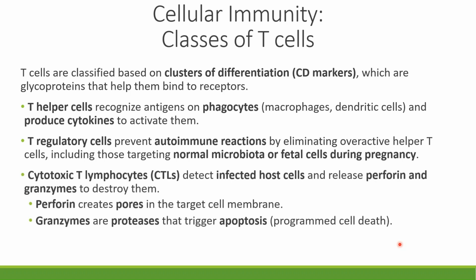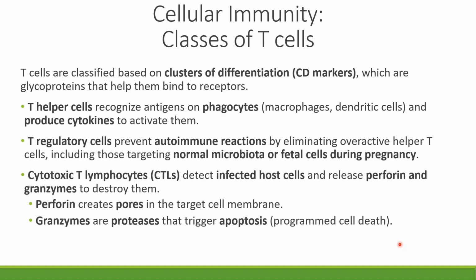The cytotoxic T lymphocytes, or CTLs, recognize infected host cells and work to eliminate them. They release perforin, which is a protein that creates pores in the target cell membrane, and granzymes, which are proteases. So "ase", remember, means it's an enzyme. So these break up proteins.